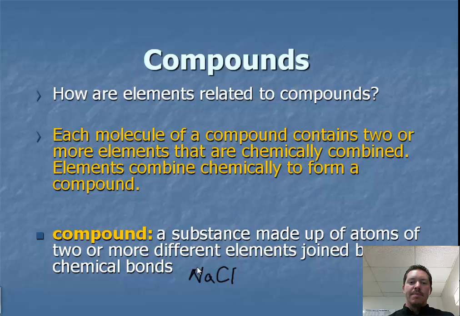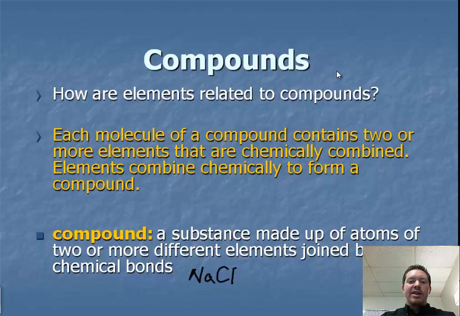So sodium chloride has completely different properties than sodium and chlorine do by themselves. Sodium chloride, we know, is table salt. It's a solid. And sodium is a shiny silver metal when it's by itself, highly reactive with water.